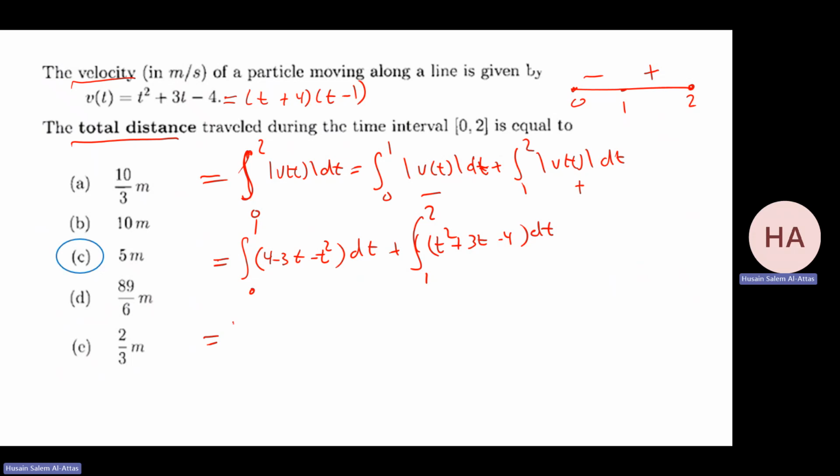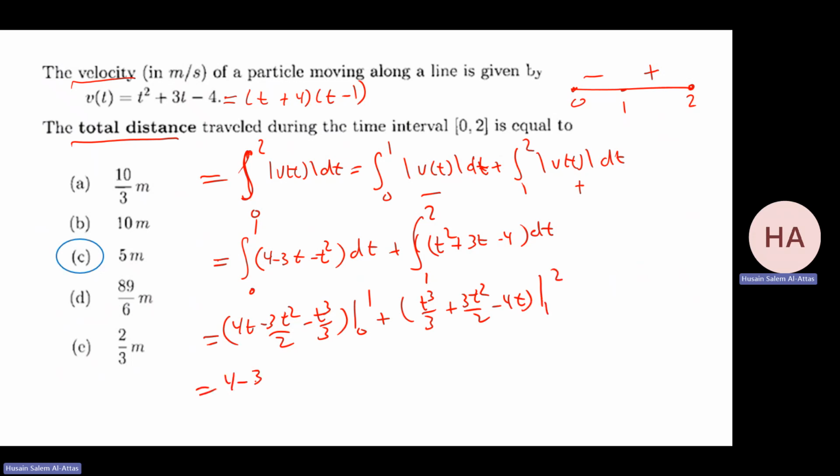That will be 4t minus 3t squared over 2 minus t cubed over 3 from 0 to 1 plus t cubed over 3 plus 3t squared over 2 minus 4t from 1 to 2. That gives me what? 4 minus 3 over 2 minus 1 over 3. 0, I don't need. Plus 8 over 3 plus 6 minus 8 minus, this is 1 over 3 plus 3 over 2 minus 4.